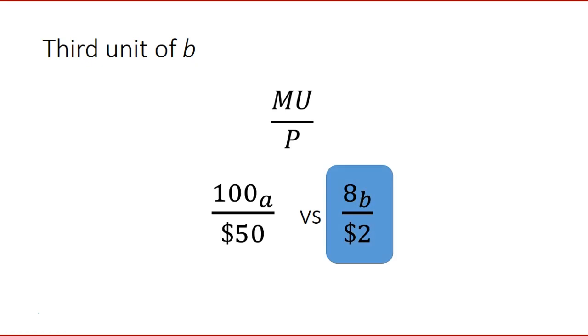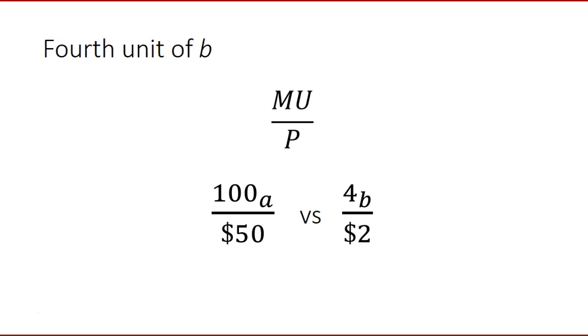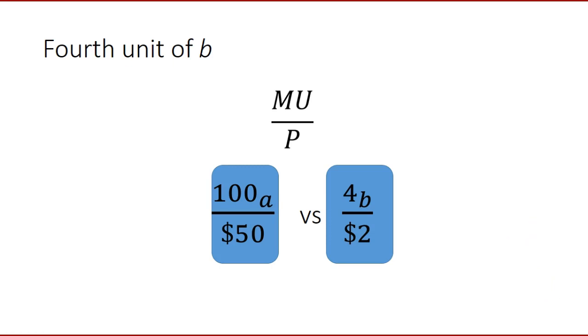So, with the money we've still got left over, let's buy another Mars bar. Alright, the fourth Mars bar gives us less happiness than the third. So, the marginal utility from the fourth Mars bar is 4 units of happiness. Okay, which is better now? In this case, we can see they are equally good value, so to speak.